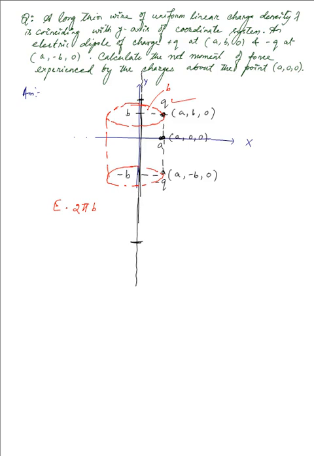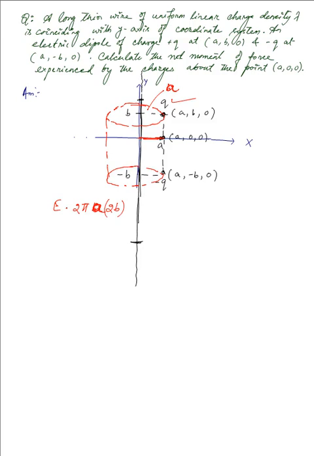I beg your pardon, the radius here is not b, it's actually a, because the extension is till a, so the distance is going to be a. So 2 pi a times the length, which is going to be from b to minus b, so the entire length is going to be equal to 2b.